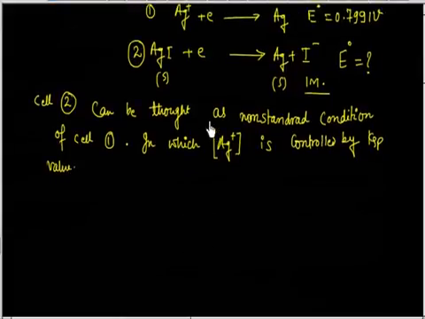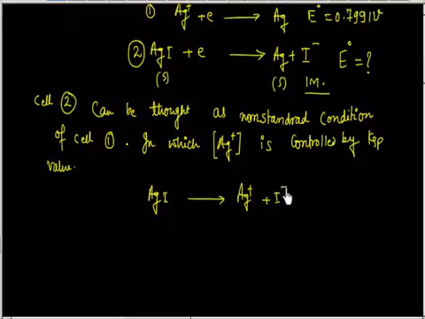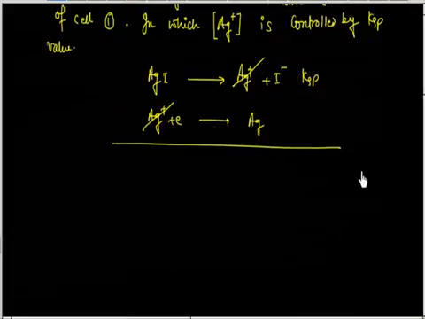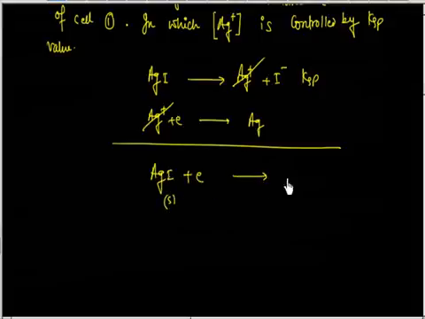Now one can show that this is a combination of these. Let us say AgI has a Ksp value: AgI gives Ag plus plus I minus. And if I say Ag plus plus electron gives Ag, now if I add these two reactions, Ag plus cancels, and you will have AgI solid plus electron gives Ag plus I minus.